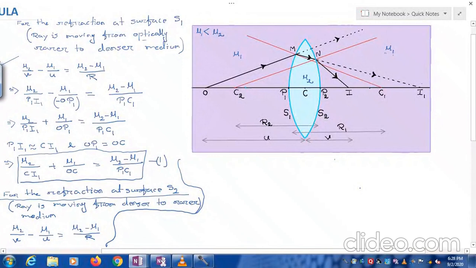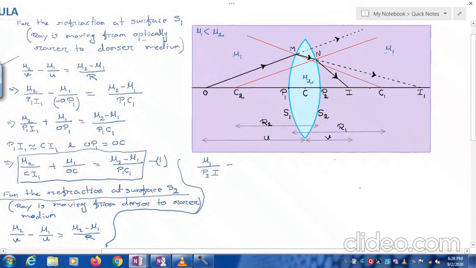So here the second medium is having refractive index mu1, so let us write it as mu1 divided by, here V is the image distance, here image is P2I. For the second surface, image distance is P2I, so let us write it as P2I.